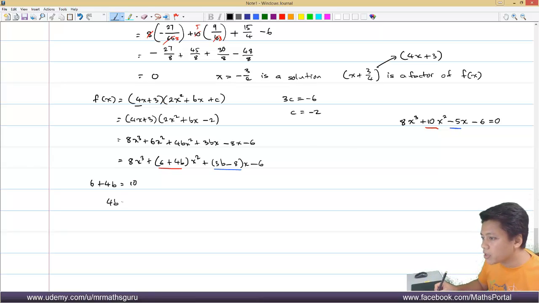So 4b is equal to 10 minus 6, which is 4. So b is equal to 1. So final expression, not final yet. The next step, f(x) is equal to 4x plus 3, 2x squared plus x minus 2.